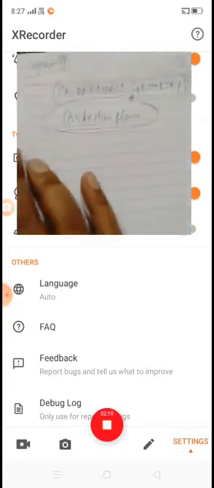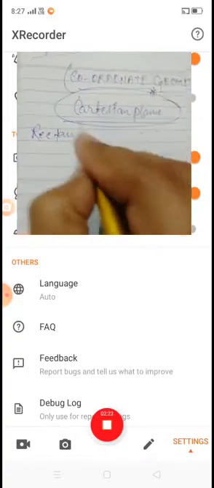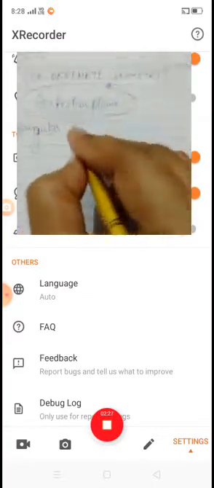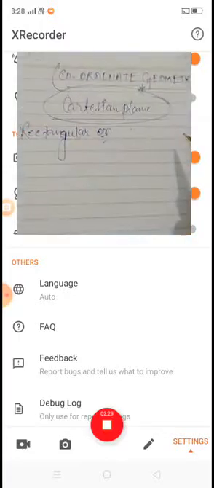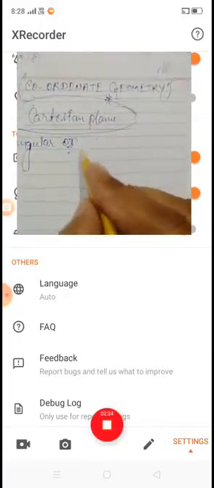Okay, now we discuss rectangular or Cartesian coordinates of a point.